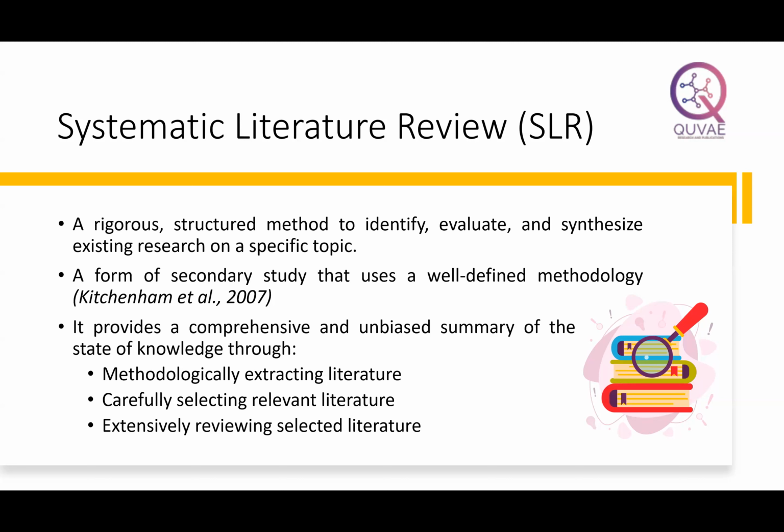So the definition of SLR is a rigorous, structured method to identify, evaluate, and synthesize existing research on a specific topic. Okay, so this is like detective work. In the research world, you are doing rigorous work, aiming to provide a very comprehensive and unbiased view of the current state of knowledge.